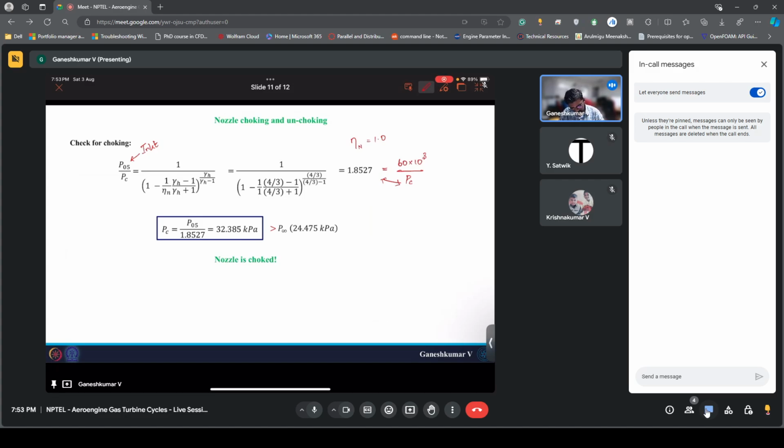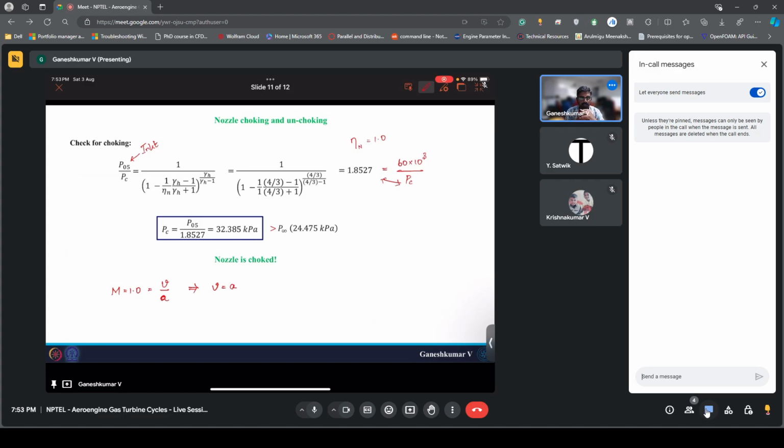So the reason is when Mach number is equal to 1. What do you mean by Mach number equal to 1? This is velocity divided by speed of sound, let's call it a. Which means the velocity of the flow is the same as the speed of sound.